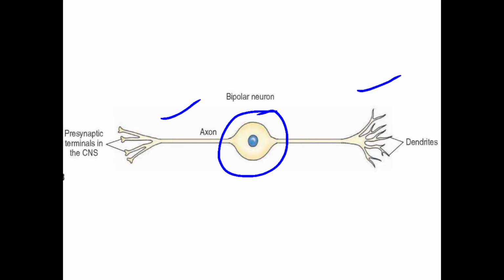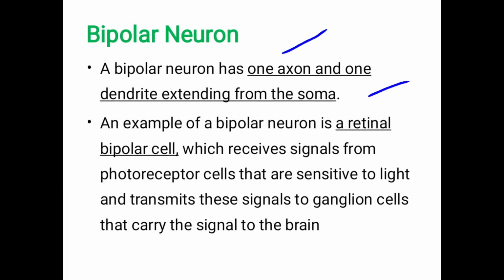Here the axon tip, that means the axonites or the presynaptic terminus, is connected to the CNS, that means central nervous system. The typical example of a bipolar neuron is the retinal bipolar cell, which is present in our eyes, which receives signals from the photoreceptor cells that are sensitive to light and transmits these signals to ganglion cells that carry them to the brain.